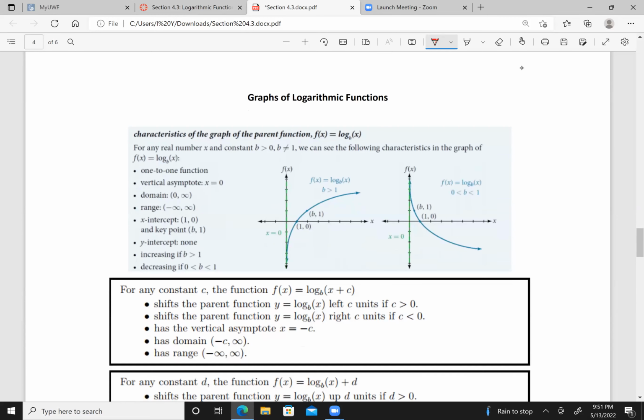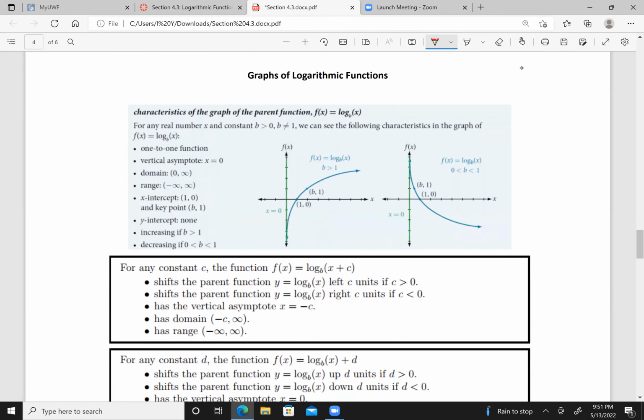Okay, now we'll look at graphs. And you may notice something looking at these. Characteristics of the graph of the parent function f of x equals log base b of x. For any real number x and constant b greater than 0, where b does not equal 1, we can see the following characteristics in the graph of f of x equals log base b of x.